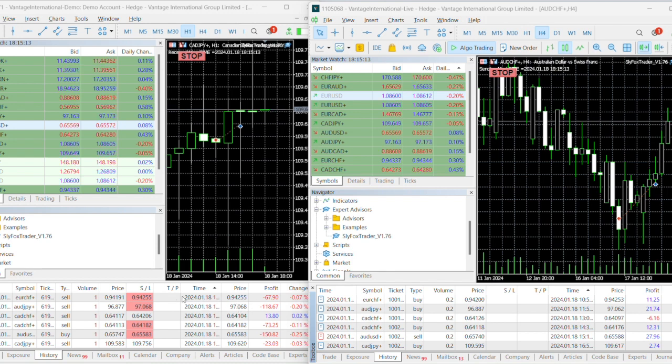As you can see here, the first part I had opened 3 trades, which got closed, 2 of them automatically because they hit the stop loss. And as well as on the second part of the day when I opened another 3 trades, 2 of them again hit the stop loss, and one of them, when I was checking it, was in a profit zone on the live account, so I decided to close the trade.